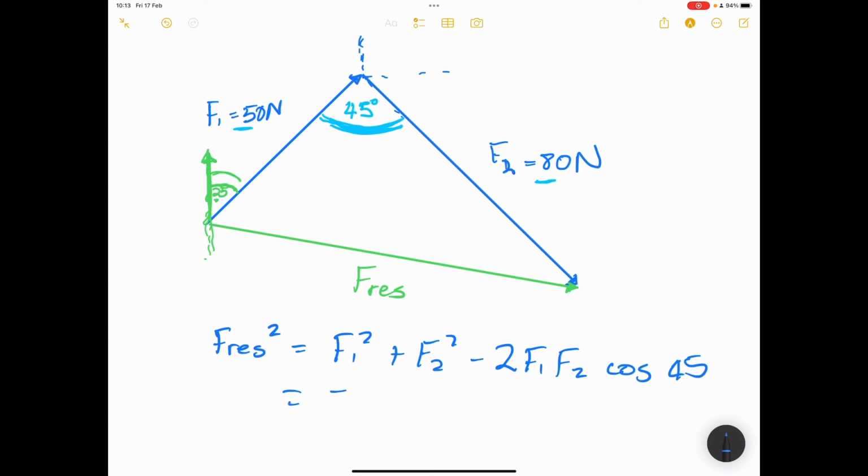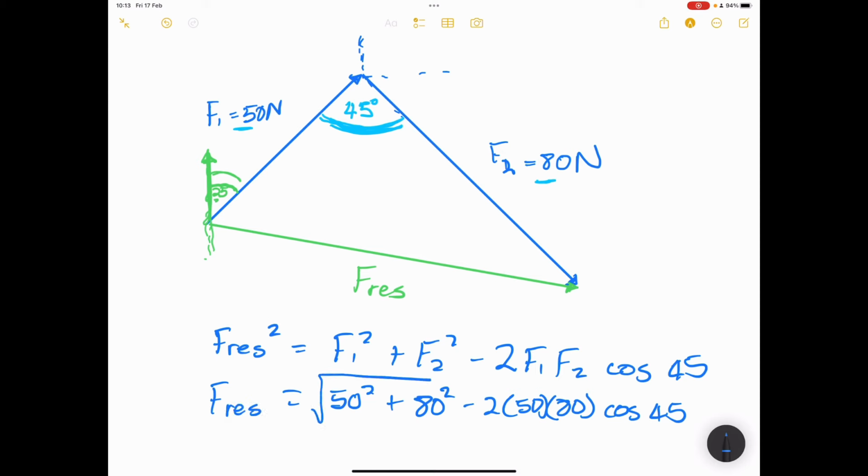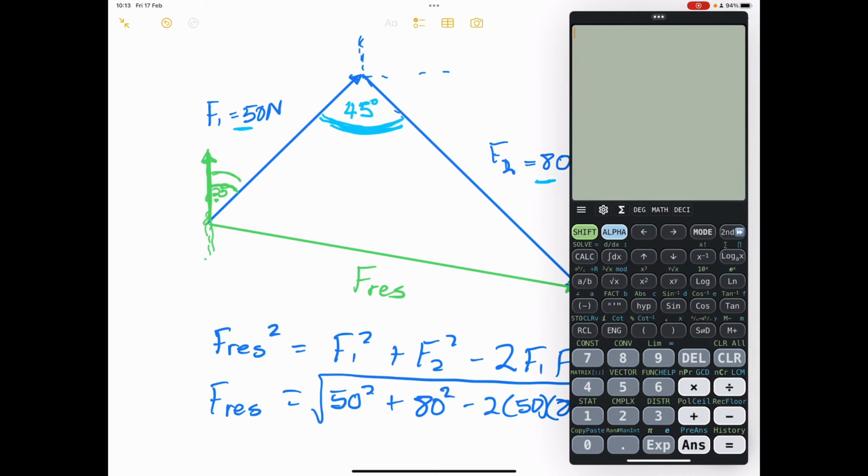So let's substitute. We've got 50 squared plus 80 squared minus 2 times 50 times 80, the cos of 45. We're going to put all of this in the calculator. And by the way, just remember, to get the resultant force, we would need to take the square root of all of that. Shall we do that quickly?